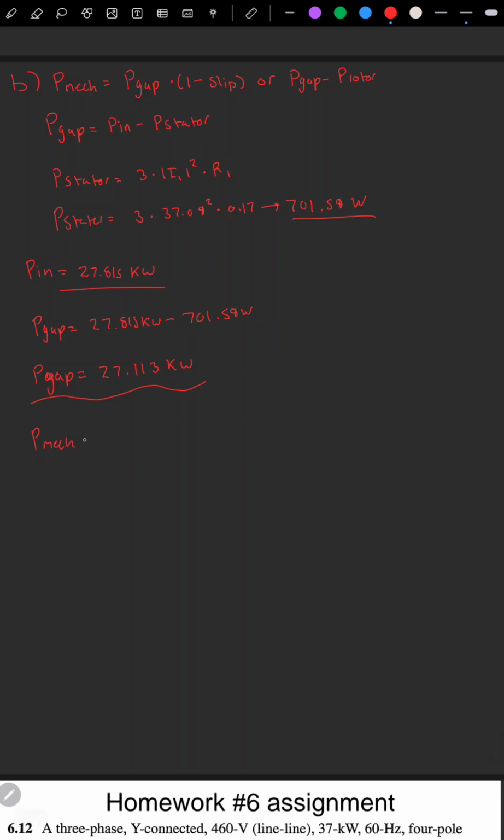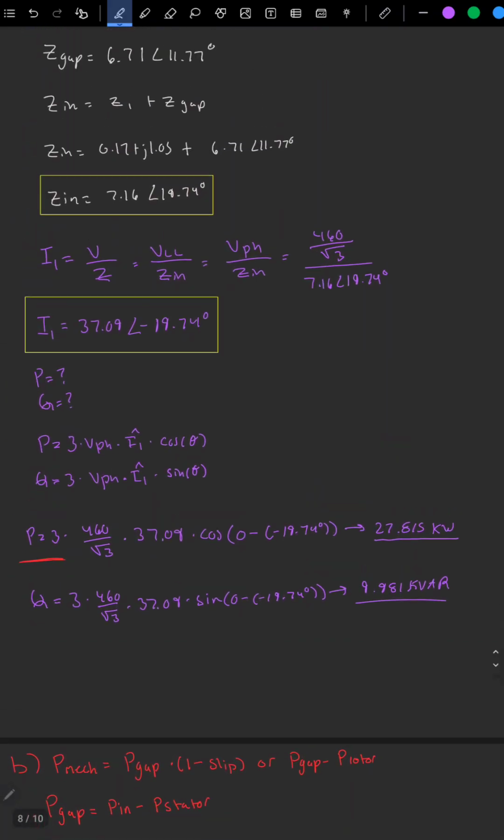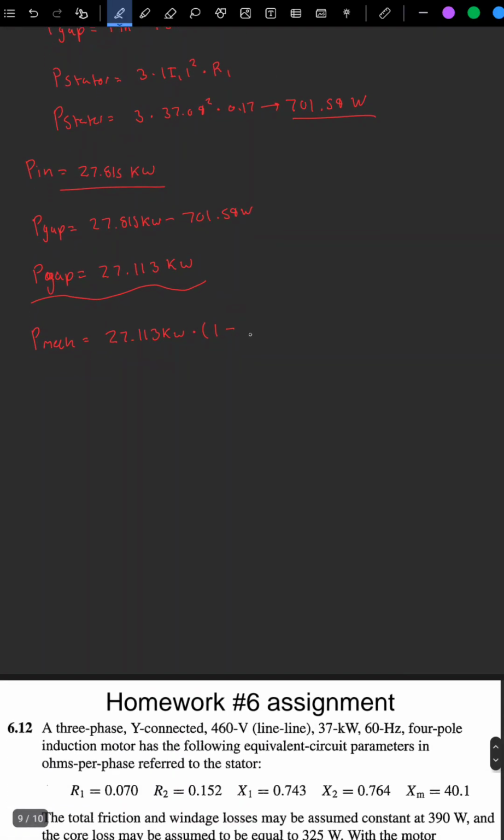So Pmech is going to equal 27.113 kilowatts multiplied by 1 minus the slip, which in this problem is 3.5%. Yep. Pmech equals 26.164 kilowatts.